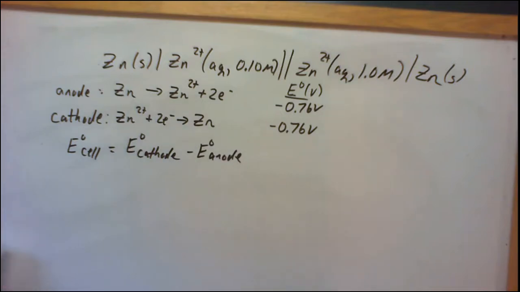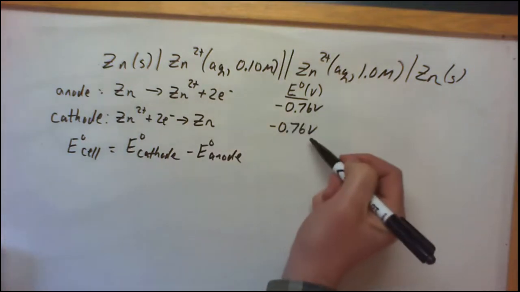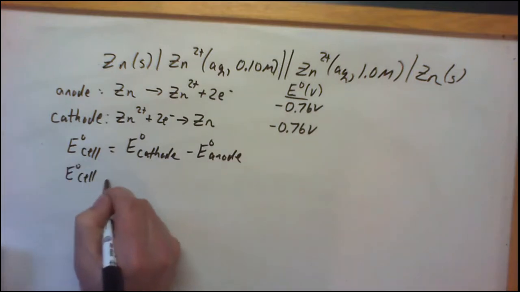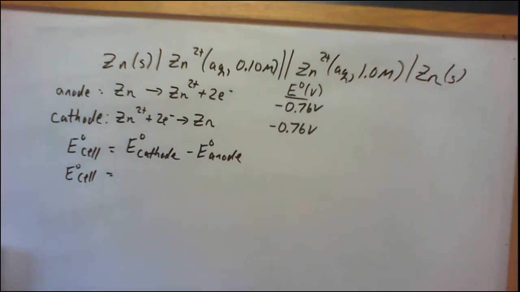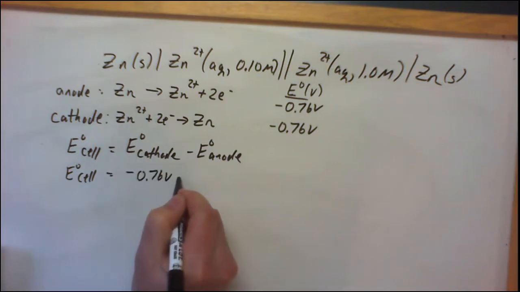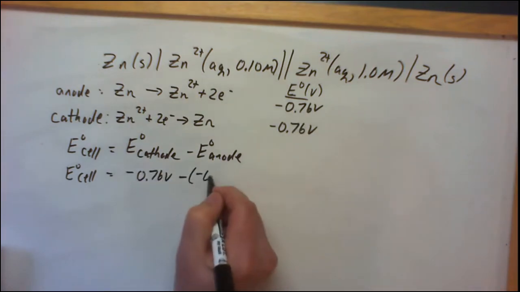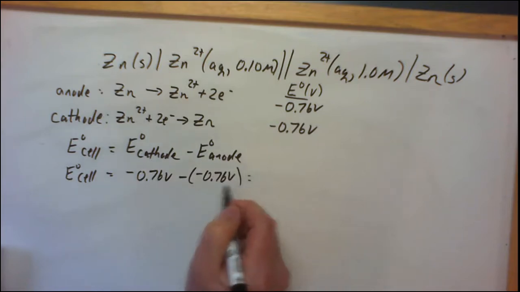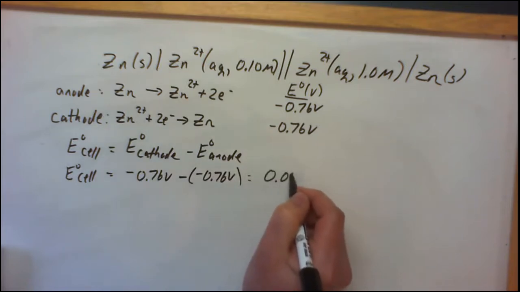Because both are zinc, they have the same electrode potential. So for these concentration cells, the standard cell potential is always going to be negative 0.76 volts minus negative 0.76 volts. Because these are the same two numbers, this difference is always 0.0 volts.